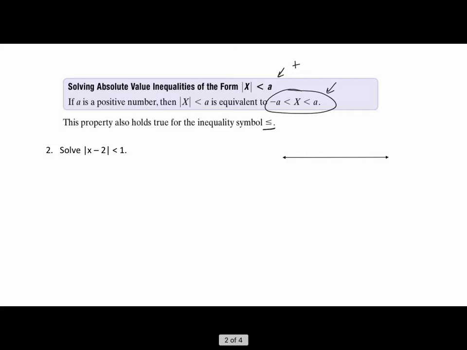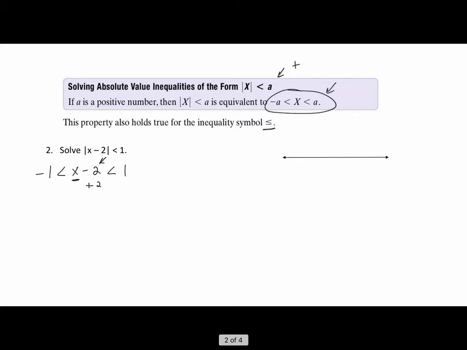Our first one here, the absolute value of x minus 2 is less than 1. So if that distance is less than 1, then that means that it is between -1 and +1. So this is our compound inequality intersection, and we just need to solve for x in the middle.